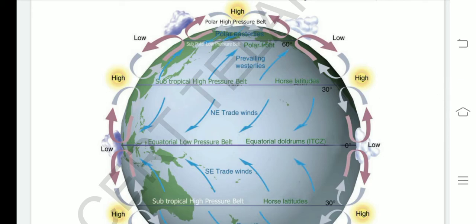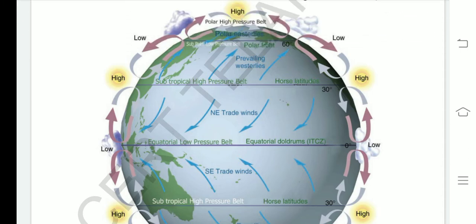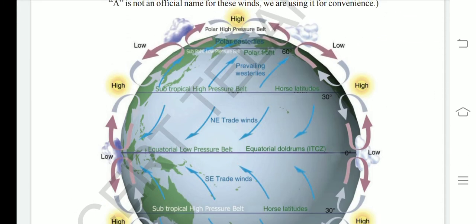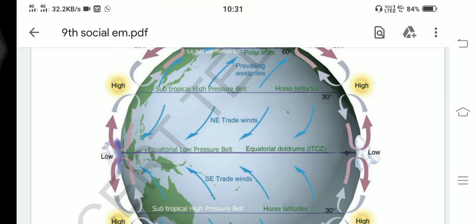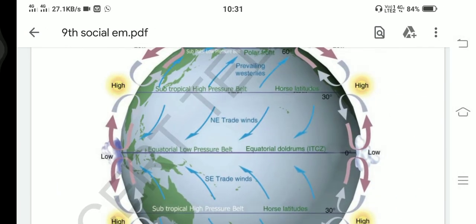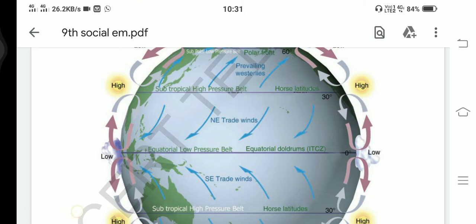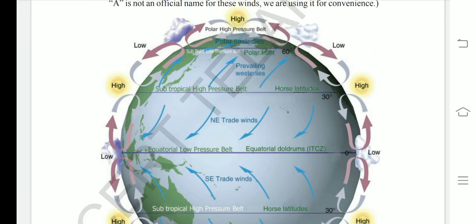One is trade winds. Trade winds, you know, blow from the subtropical high pressure belt to the equatorial low pressure belt. This is what you call trade winds.